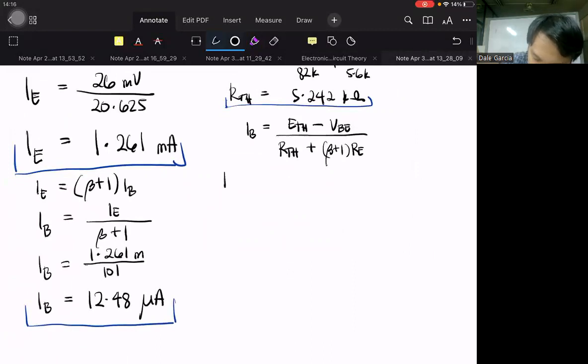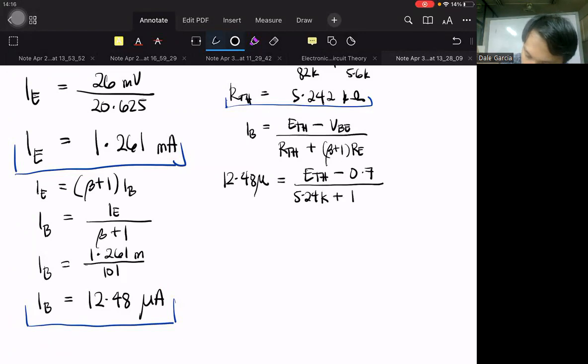Masolve na siya. 12.48 micro is equal to ETH is unknown minus VBE is 0.7 all over RTH is 5.24K plus beta is 100. So 101.